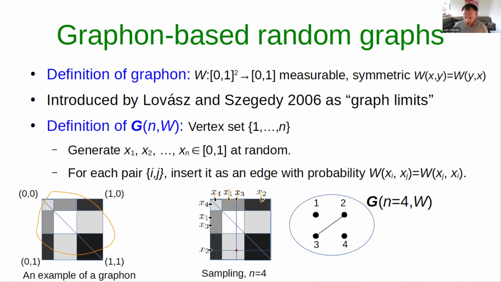And now to decide whether the edge 2, 3, for example, should be inserted, I use the value of the graphon at x2, x3. And by the way, it doesn't matter if I'm using the position x2, x3 or x3, x2. That's what this symmetry assumption is giving me.